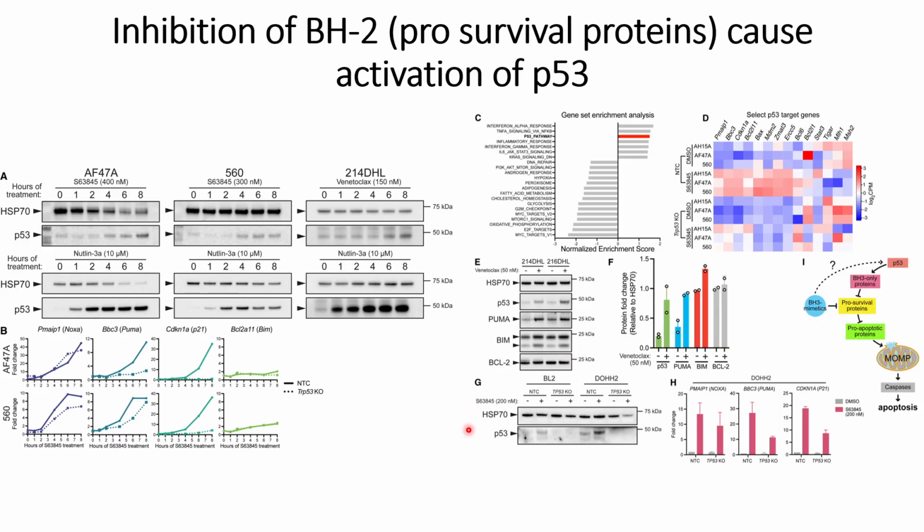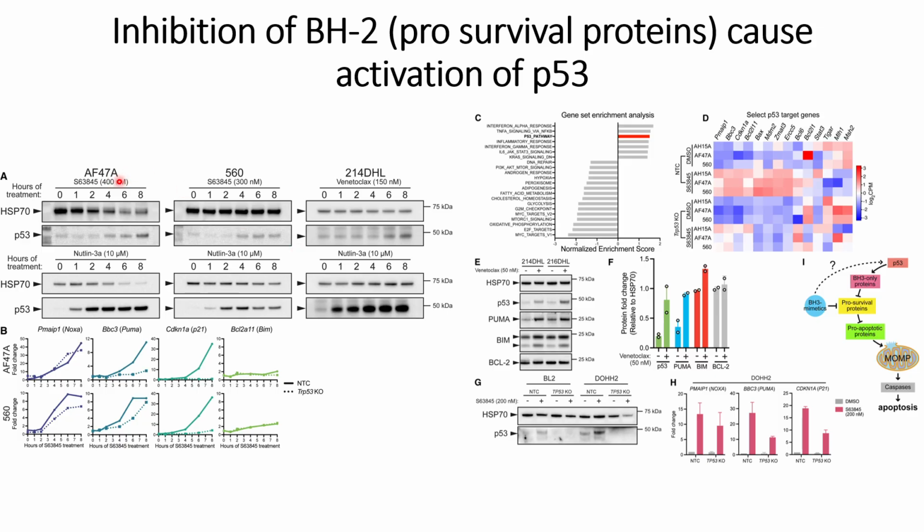Thereafter, they also did the analysis on knockout cell lines. I think this is for the AF47A cell lines, not for the DHL cell lines.